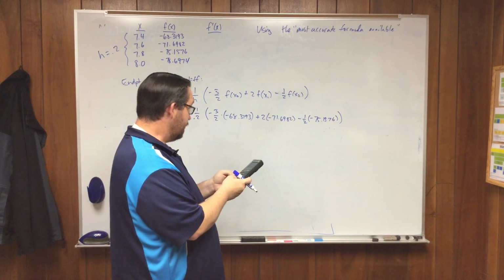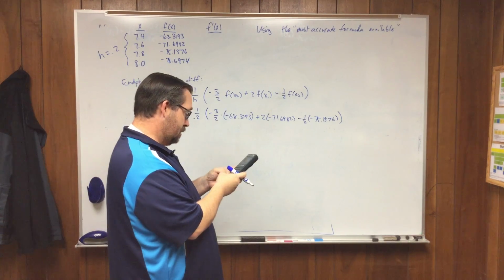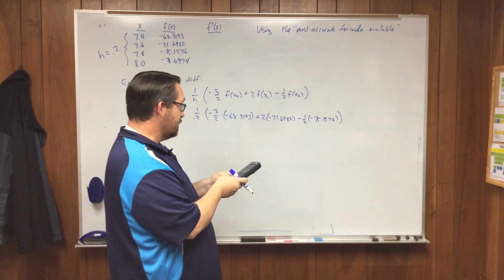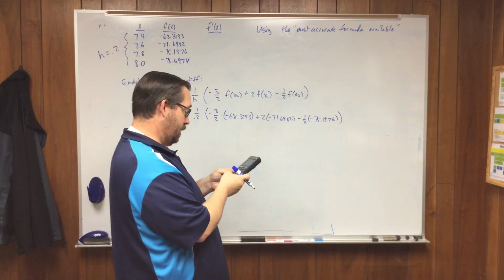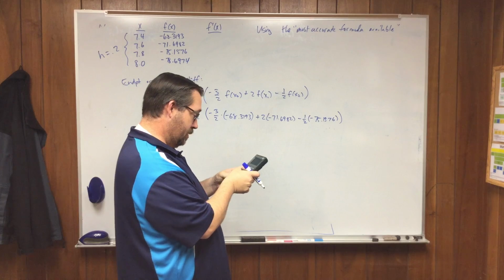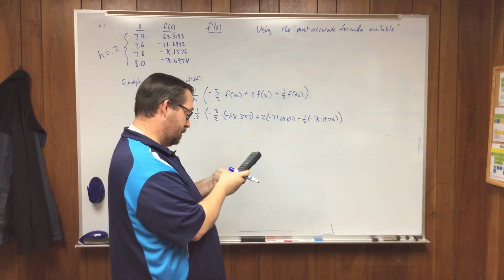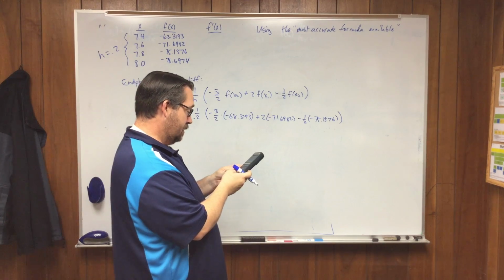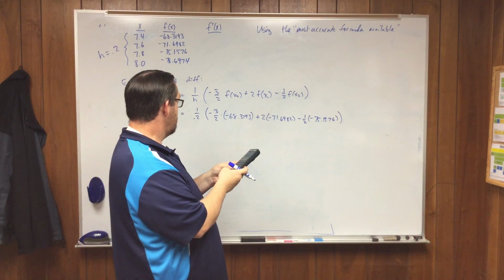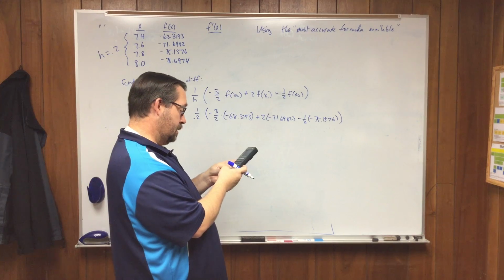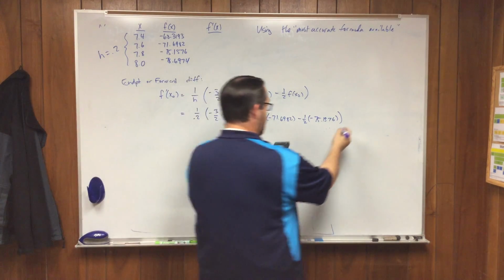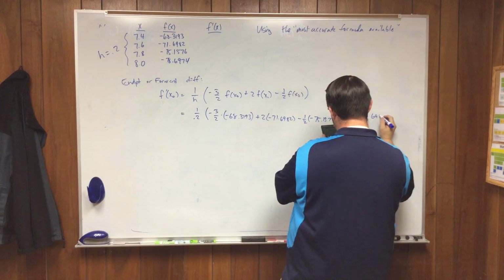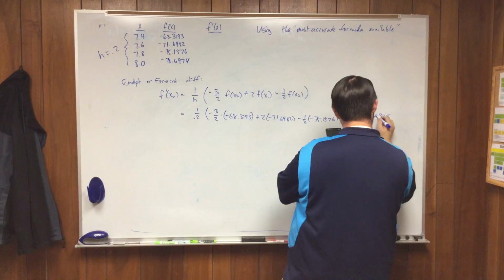Plus 0.5 times negative 75.1576. Here we go, 0.5 times 75.1576 negative, plus, and I get negative 16.69325.